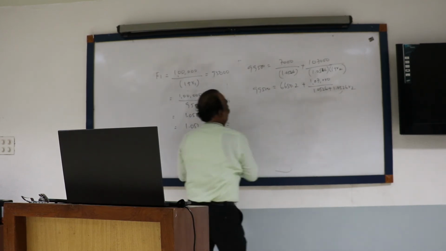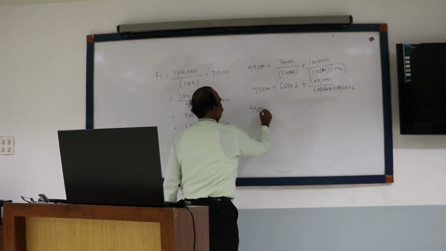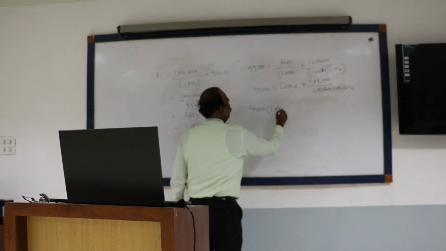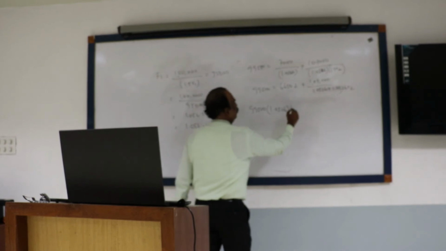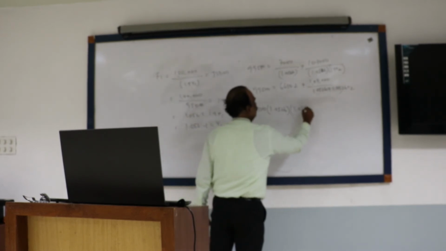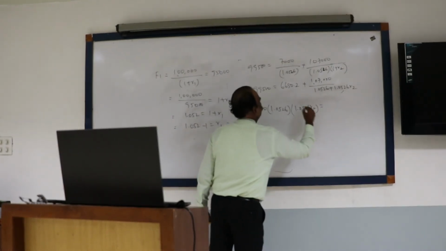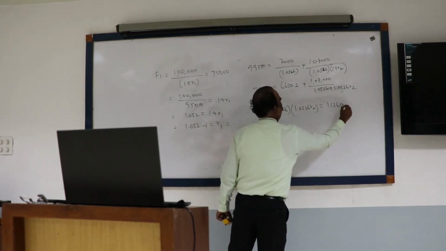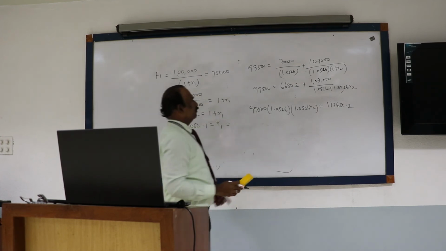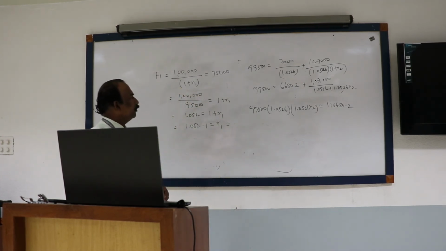That is 99,500 into 1.0526 into 1.0526 R2 is equal to 1,13,650.2. So without taking the LCM, we can add it, sir.